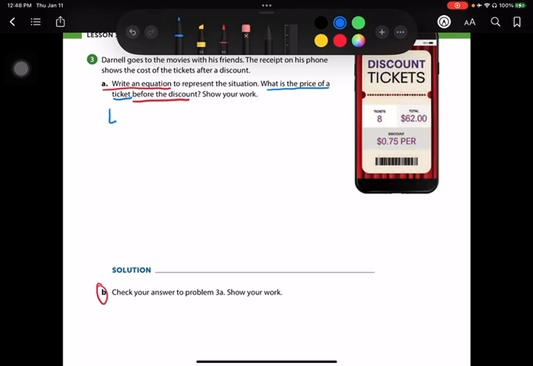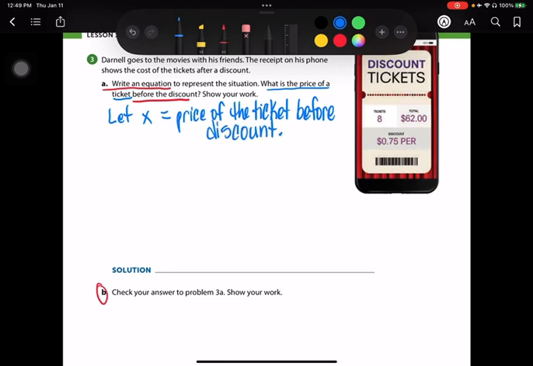So I'm going to name that. We're going to say let x equal the price of the ticket before the discount. From there, we want to write the equation.